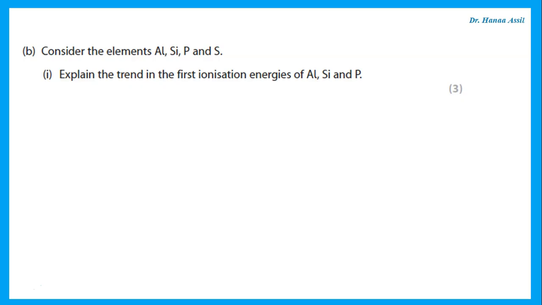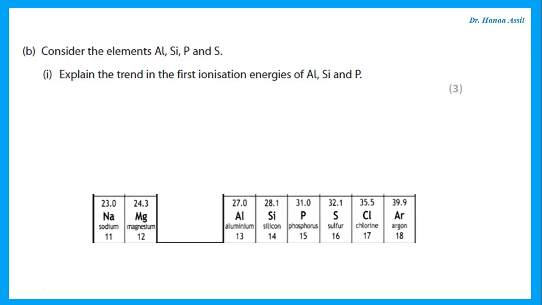Consider the elements aluminium, silicon, phosphorus, sulfur. Explain the trend in the first ionization energies of aluminium, silicon, and phosphorus.